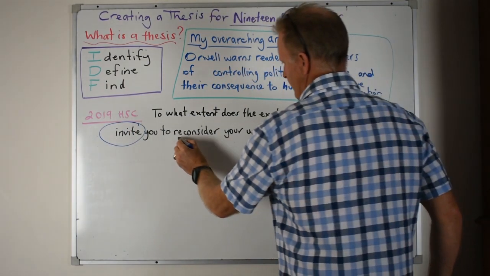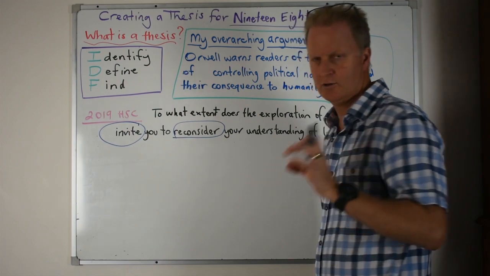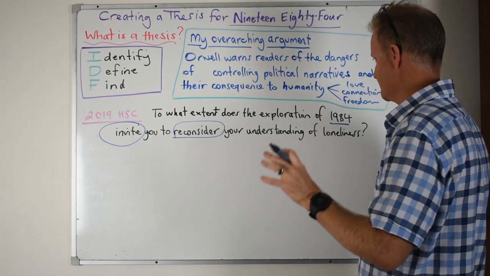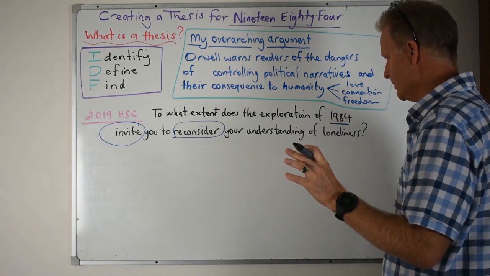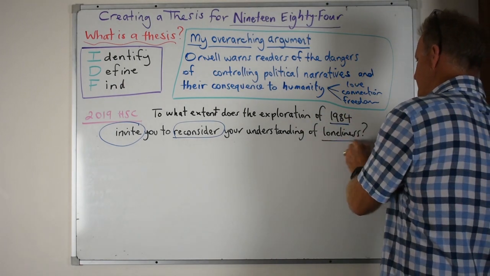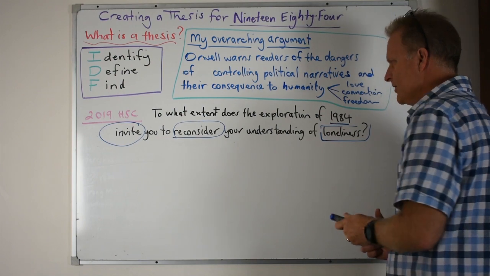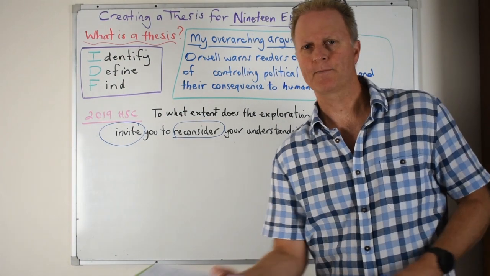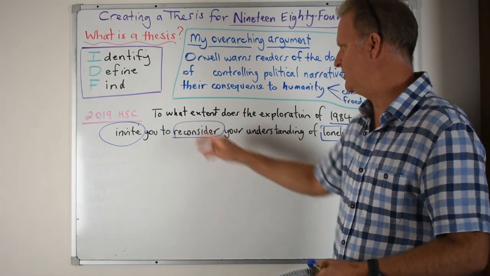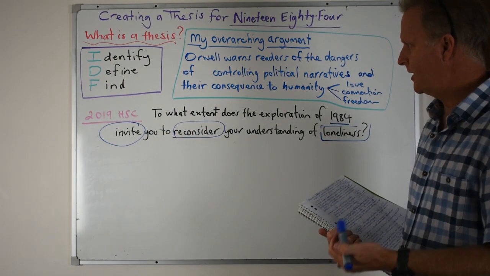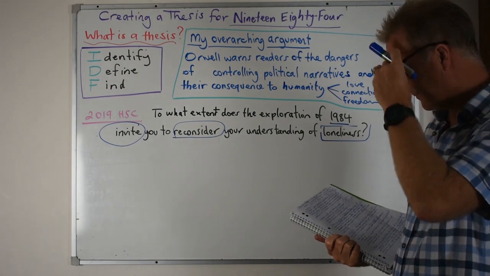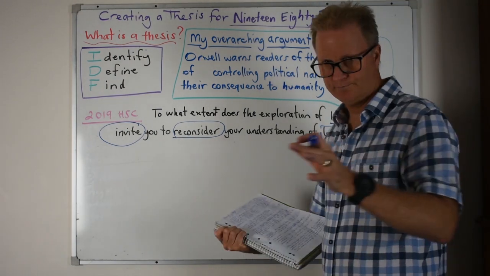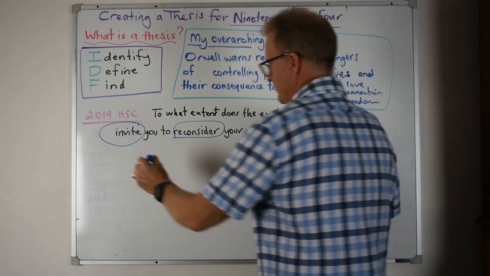I also think 'reconsider' is something that's quite central to the text and the human experience module and the rubric, and then 'your understanding of loneliness'. Now, I think the most important word here is loneliness, but we need to look at these notions as well. So first and foremost, you have to look at these things and jot down what you think they mean.